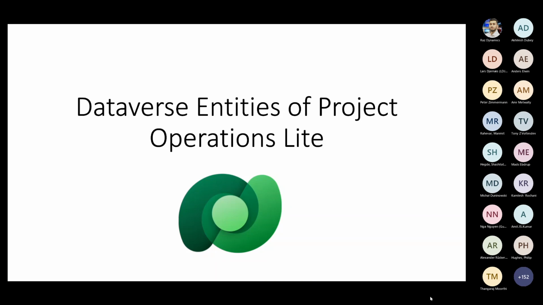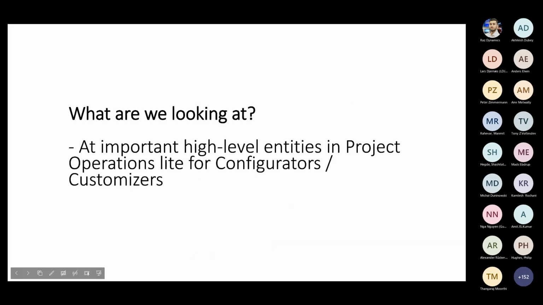So let me get started. Let me focus on what we are going to present. I have created a flow of how the entities are related to each other, which is a parent entity and which is a child entity. Project operations can be divided into the configuration part, the sales part, the project management aspect, the scheduling part, the time and billing, and the invoicing part.